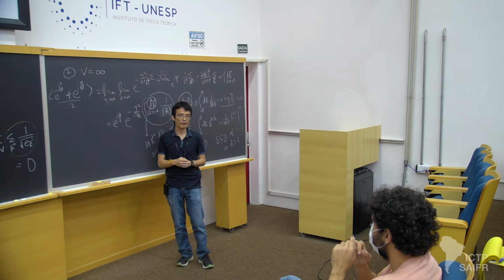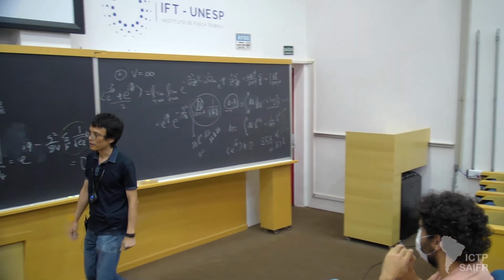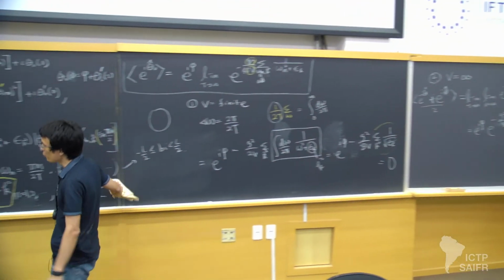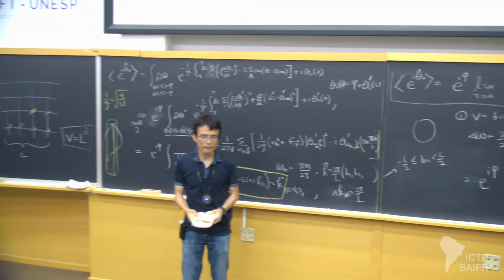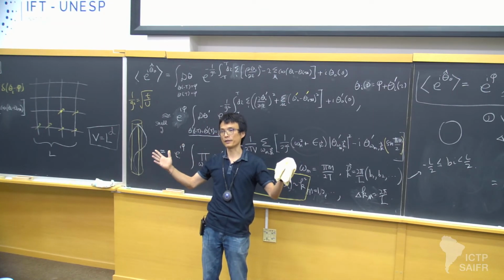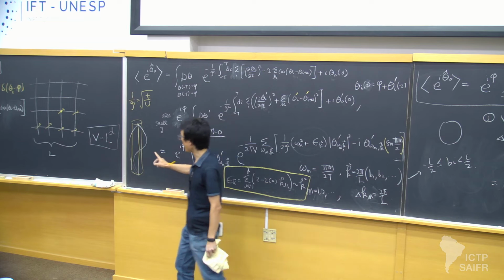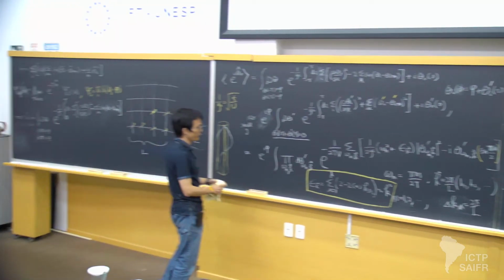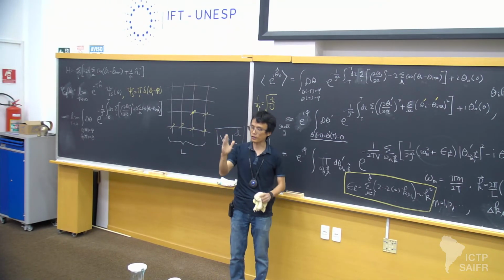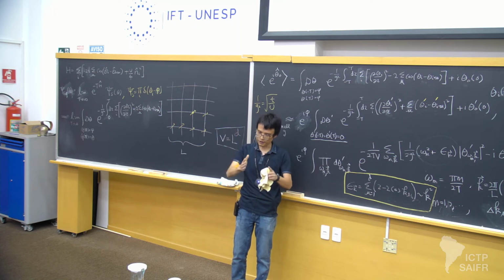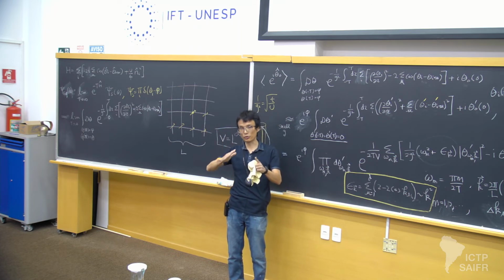In particular, one can have some kind of global property of your state. This angle phi is more of a local property, because it determines the direction of an individual rotor.